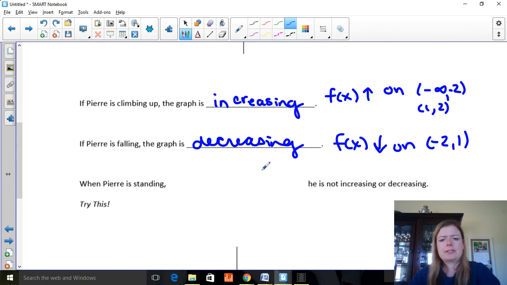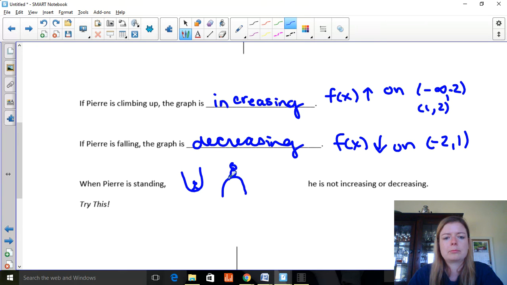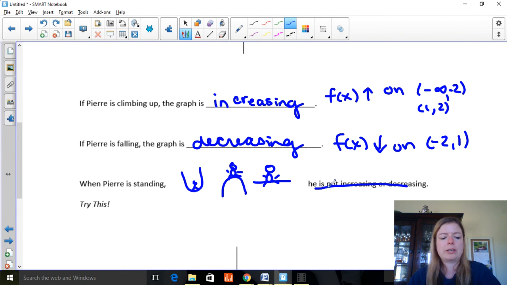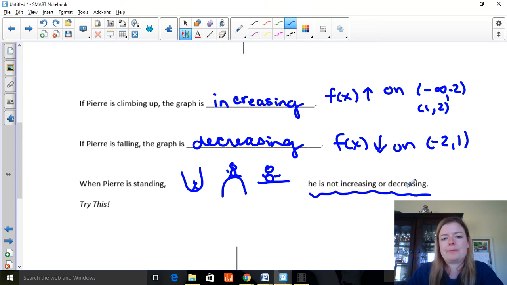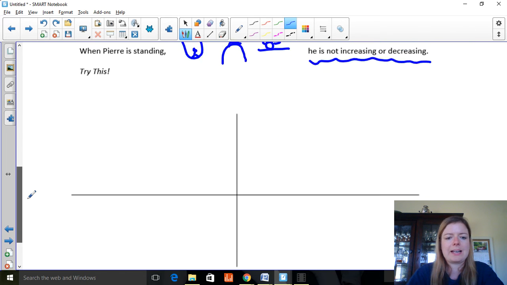So when Pierre is standing, either he's at a minimum, or he's on a maximum, or he's on a horizontal line, he is not increasing or decreasing. He's doing neither. So I'm going to leave something for you to try, an opposite activity.